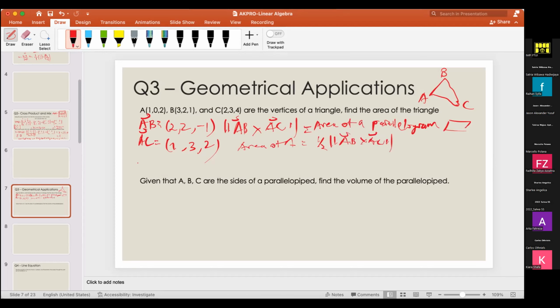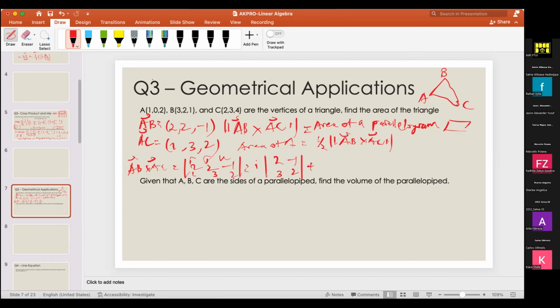Okay, so now we're going to find the length by first finding the cross product. So we do the usual procedure, AB cross AC. That would be i, j, k, 2, 2, negative 1, 1, 3, 2.